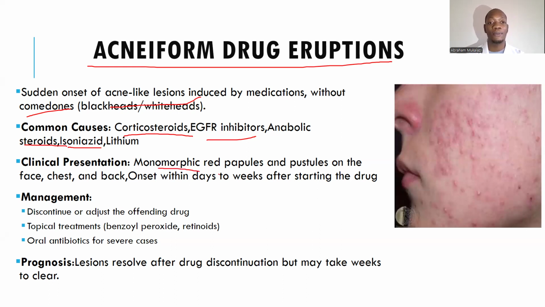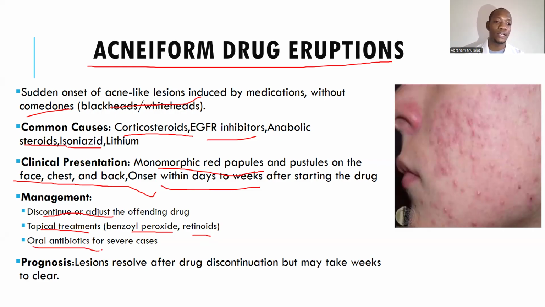Someone will have these monomorphic red papules and pustules on the chest, back, face, and upper trunk, which usually occur a few days to 2 weeks after starting the medication. In the management, you have to stop this drug and then treat with benzoyl peroxide and topical retinoids at night.